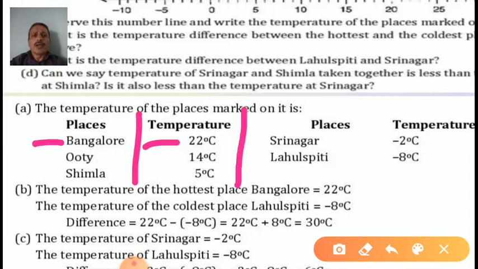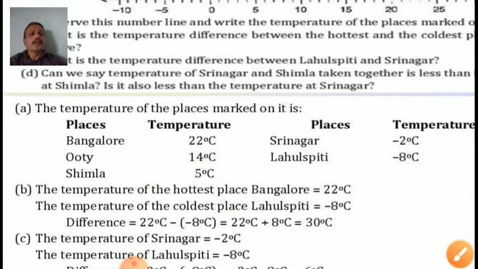So Bangalore is showing 22 degrees centigrade, Ooty is showing 14 degrees centigrade, Simla is showing 5 degrees centigrade, Srinagar is showing -2 degrees centigrade and Lahul Spiti is -8 degrees centigrade.